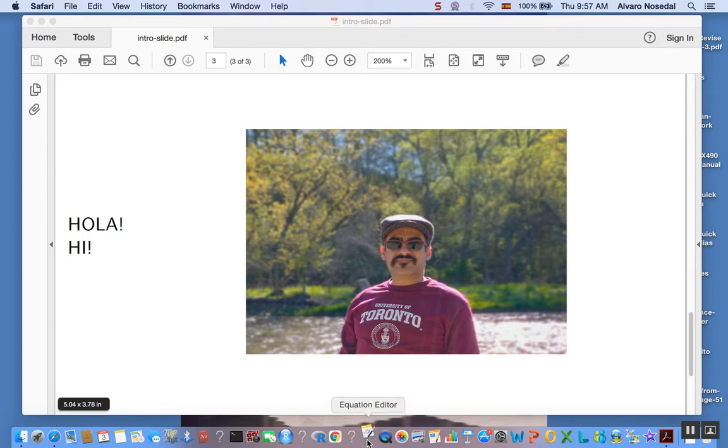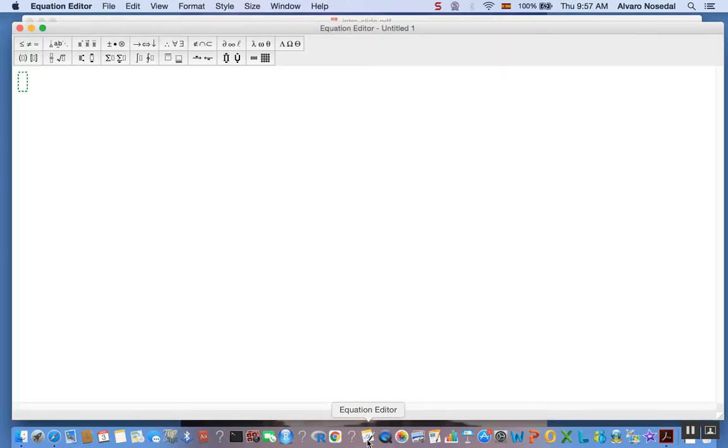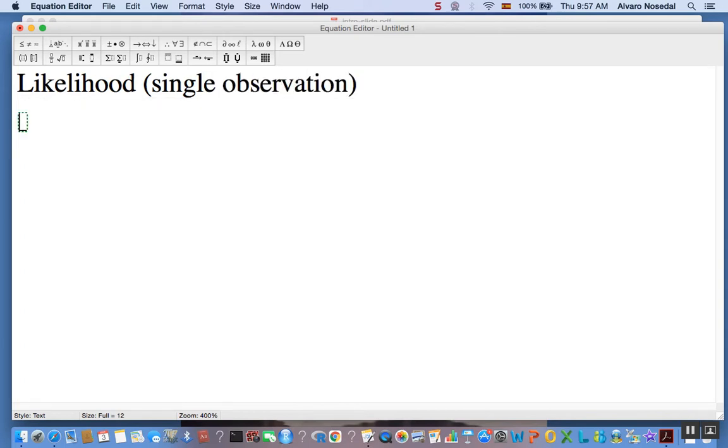First, I would like to summarize what we have done thus far. As we already know, to analyze data using a Bayesian approach, we need a likelihood function for the data and a prior distribution for the parameter or parameters of interest. So, in this case, the likelihood for a single observation we know that it looks something like this, right?